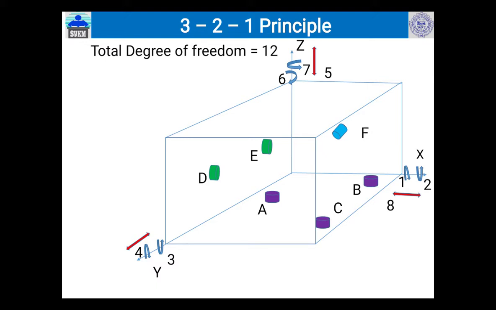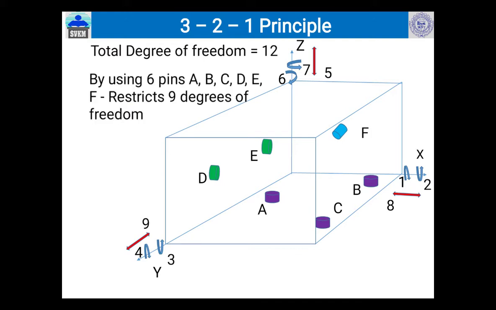Now if we add one more pin F from a perpendicular plane to the workpiece, again it will restrict direction 9. So by adding 6 pins, that is A, B, C, D, E, F, we restrict 9 degrees of freedom.